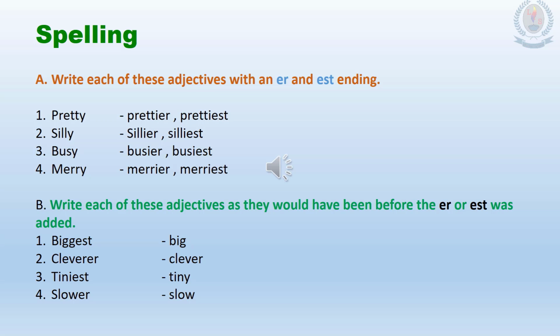So we have added ER and EST for these adjectives. B: Write each of these adjectives as they would have been before the ER or EST was added. Biggest, big. Cleverer, clever. Tiniest, tiny. Slower, slow.